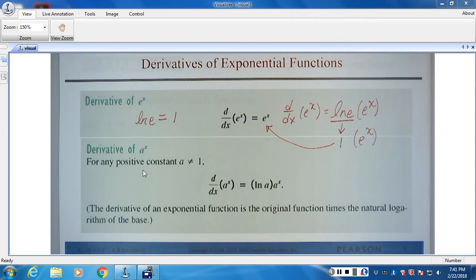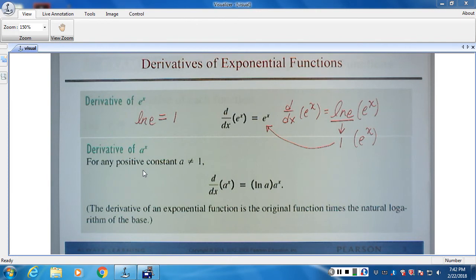The other thing that can happen is that you can have either one or both of these as a factor in a two-factor product problem, or as a numerator or denominator of a quotient rule. All the rules work together. But as far as actually taking the derivatives of exponential expressions, the rules are even easier than taking the derivative with a power rule, because they are practically their own derivatives. They don't really change very much.